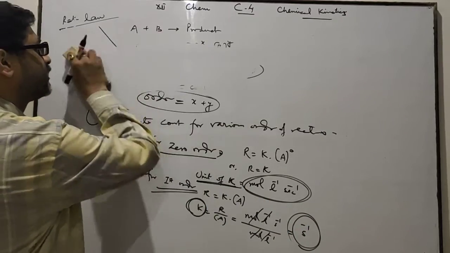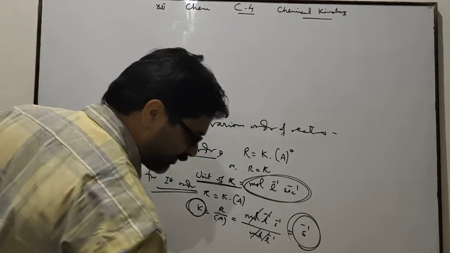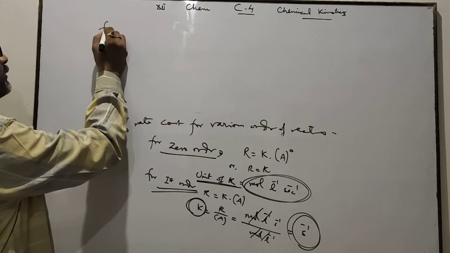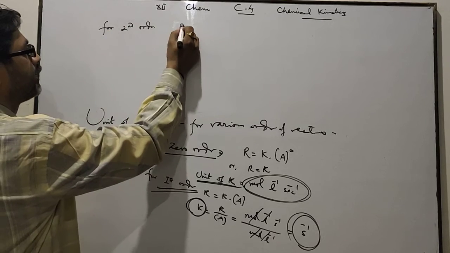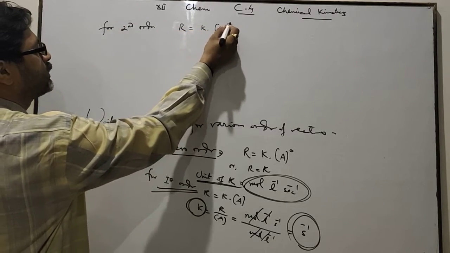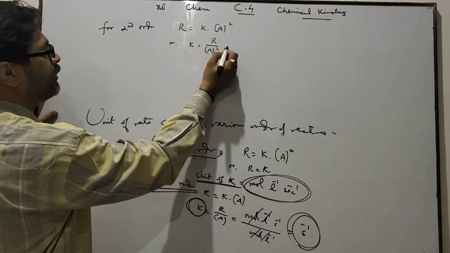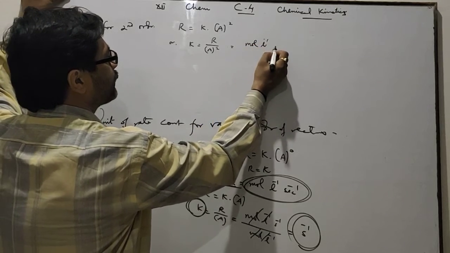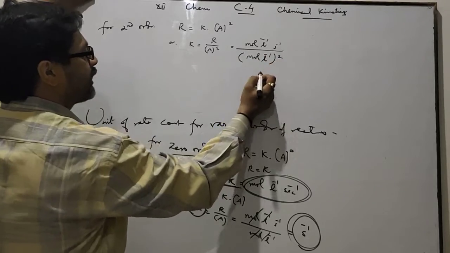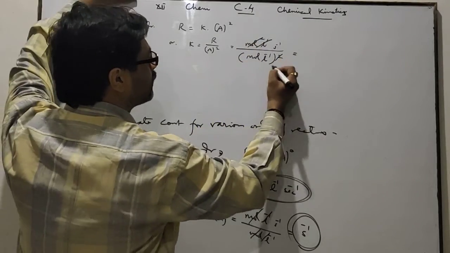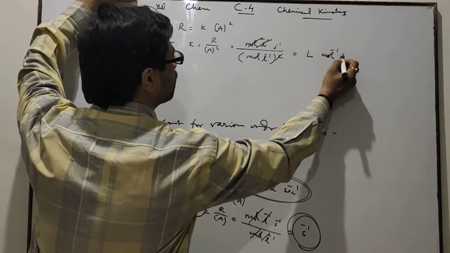We can find the unit of rate constant for more reactions. For second order reactions, R equals K A to the power 2, or K equals R upon A squared, mole per liter per second upon mole per liter whole square. One mole per liter becomes cancelled, so it becomes liter per mole per second.